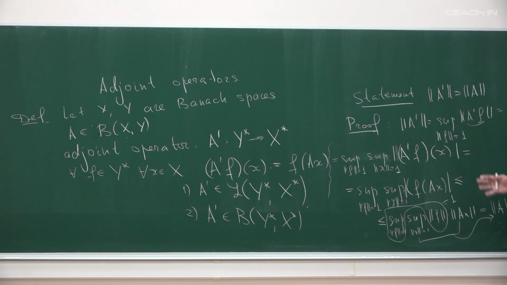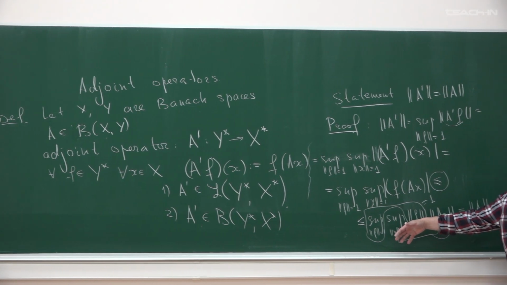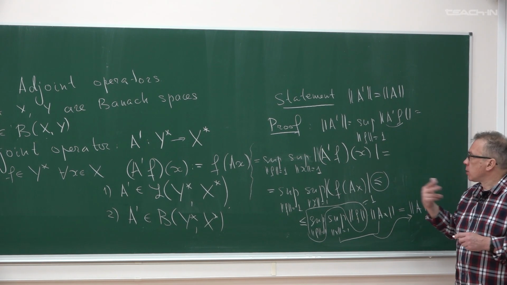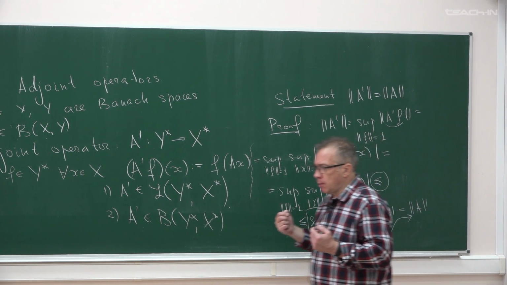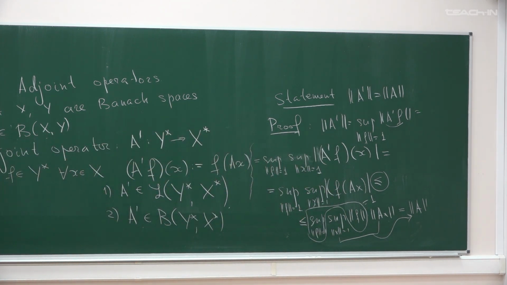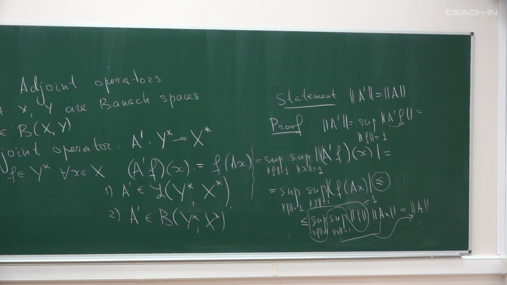And if you analyze our calculation, we see that we have only one place where we have an inequality, in this multiplication inequality. In other places we have equalities. So let's remind the first corollary from the Banach theorem.